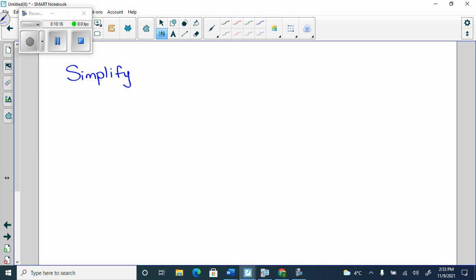Simplify: cos of pi plus x plus cos of pi minus x. What do I have to spot immediately?